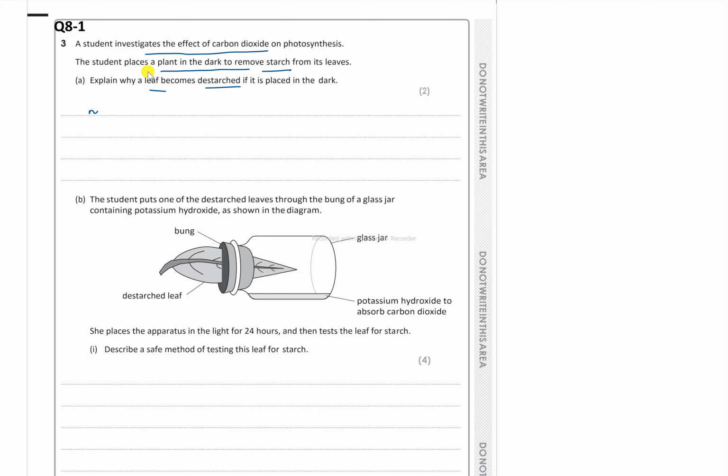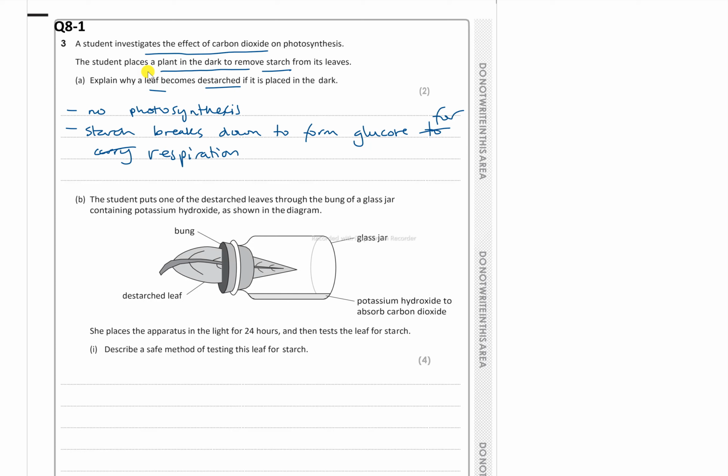Because there's no photosynthesis, starch breaks down or is used to form glucose for respiration, to stay alive basically, yeah.